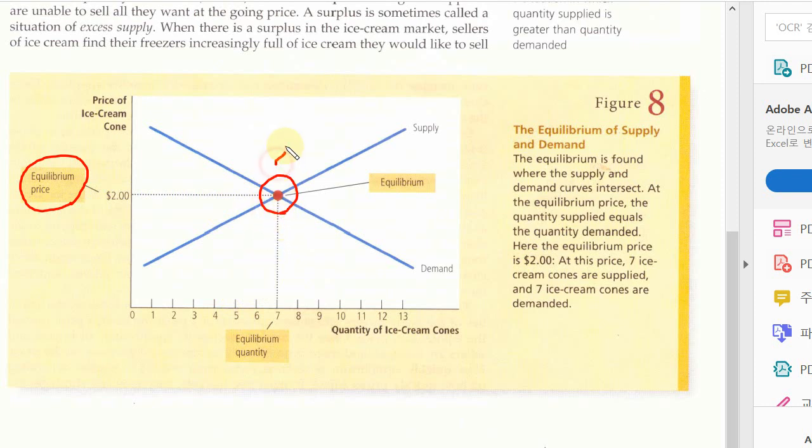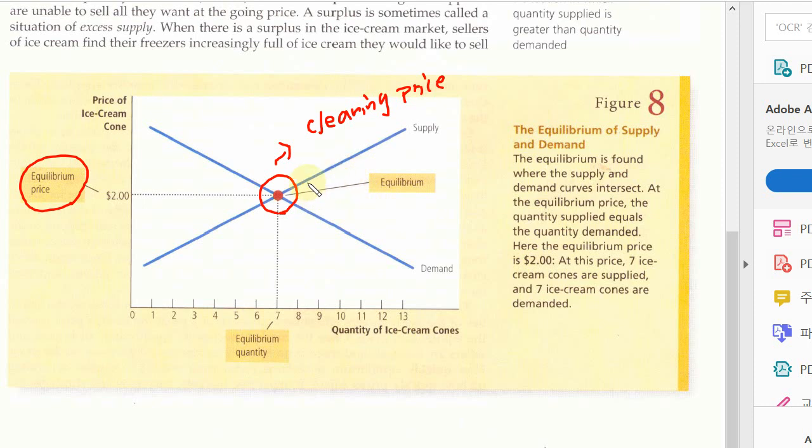Another word for it is the clearing price. Okay, this is also called the clearing price.